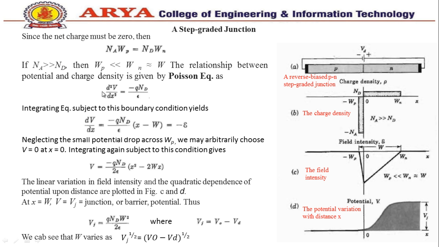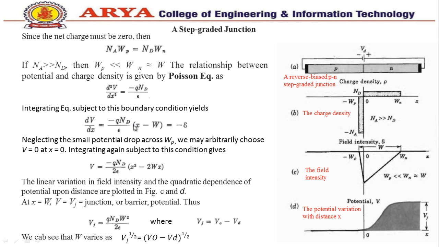Integrating this equation with the help of boundary conditions, from this figure you can see that at x equal to Wn, which we are equating to W, dV upon dx equals 0. So dV upon dx equals minus q Nd upon epsilon times x minus W, which can be equated using Poisson equation to minus E.